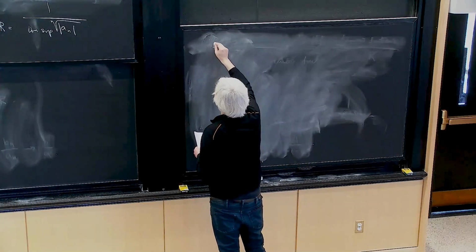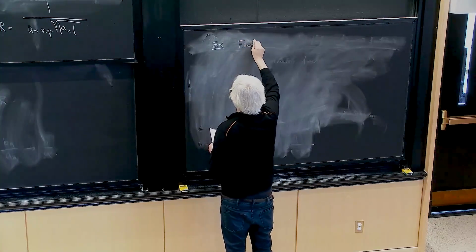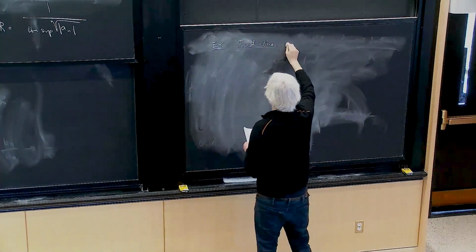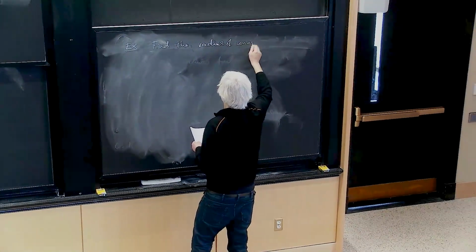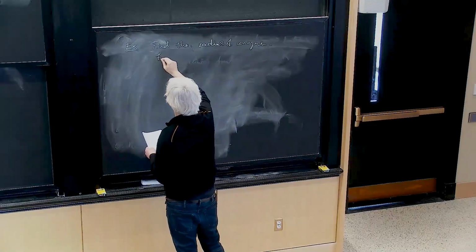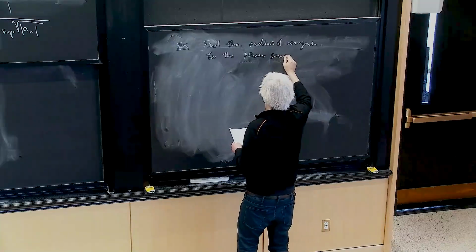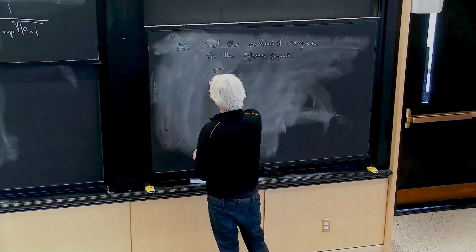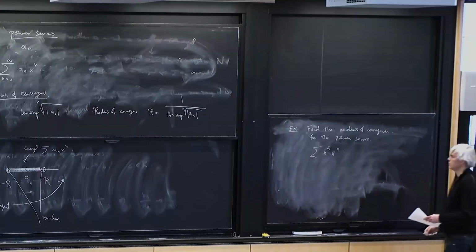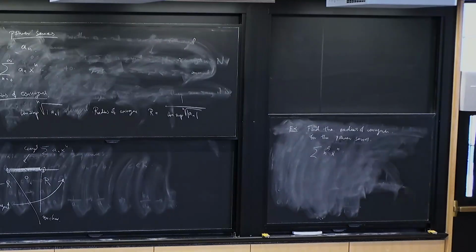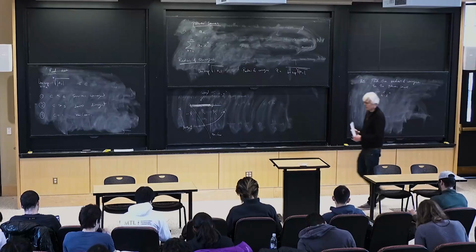Suppose that you're asked to find the radius of convergence for the power series, and let's say this is n to the 5th power times x to the n.